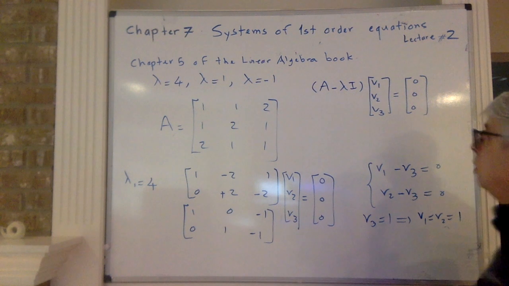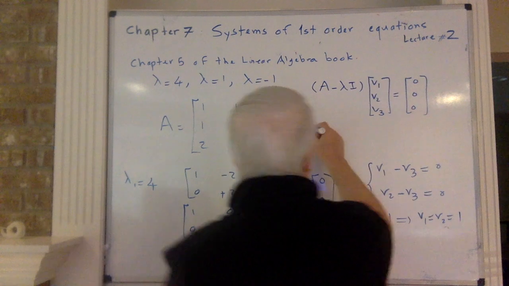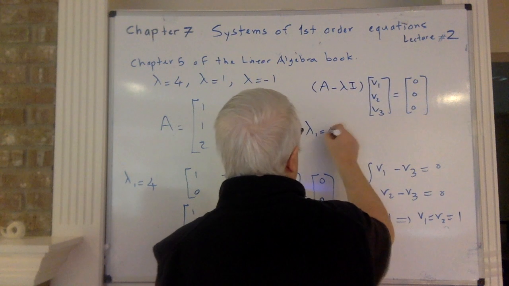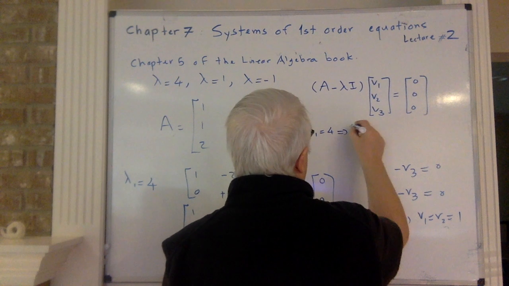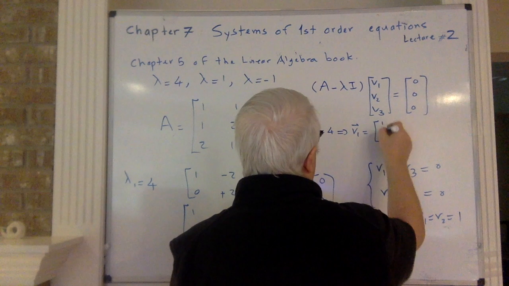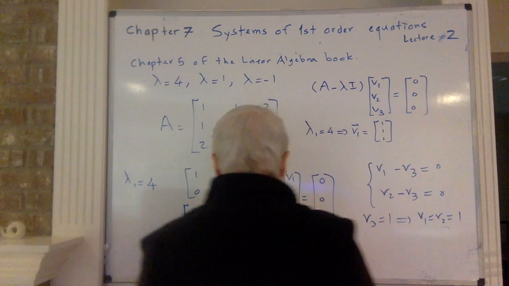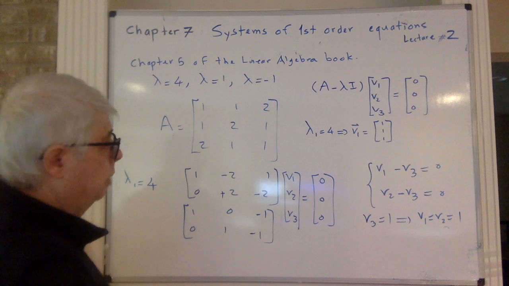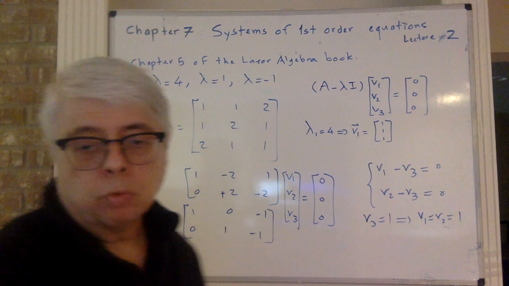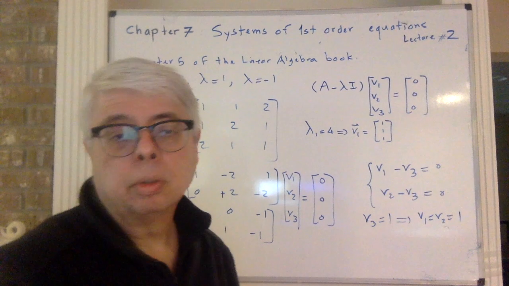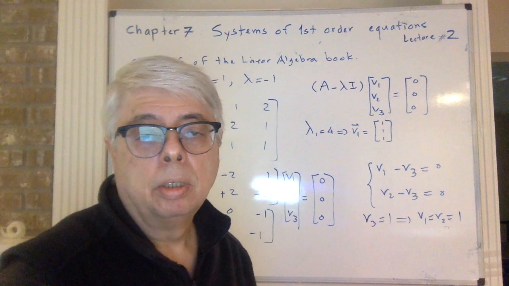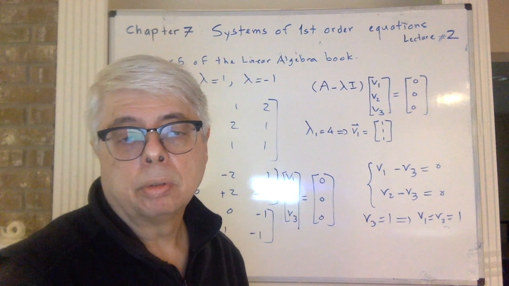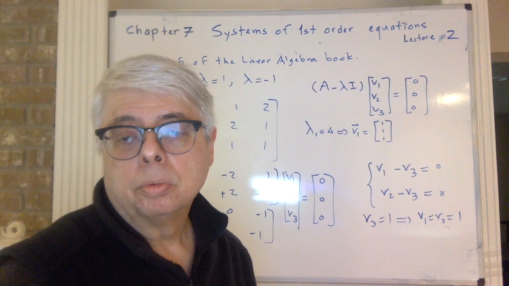So for lambda equals 4, I get the eigenvector V1 simply 1, 1, 1. So that is 1, 1, 1. Let me double check here. Yeah, I think that's correct. So 1, 1, 1.